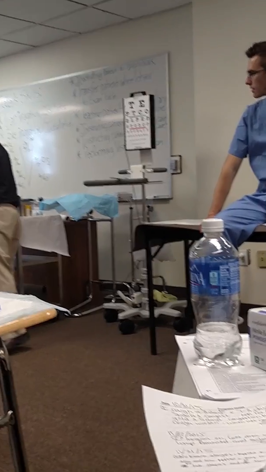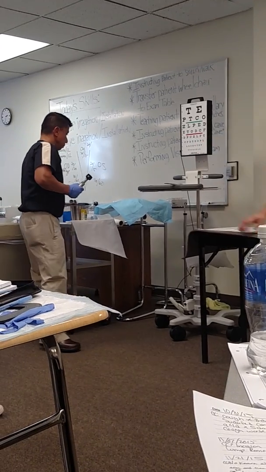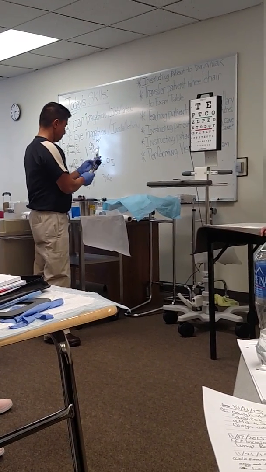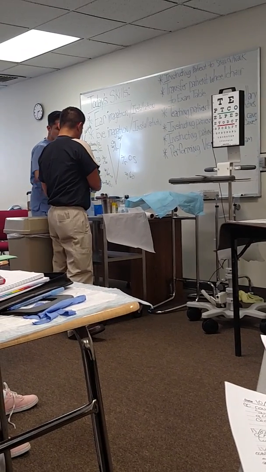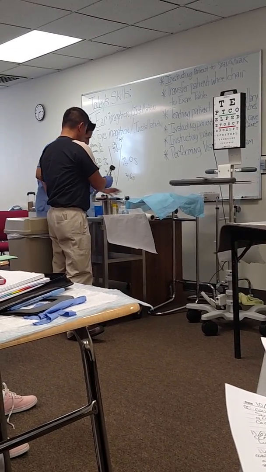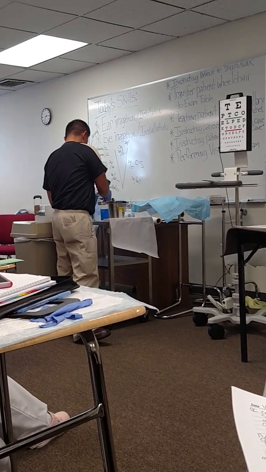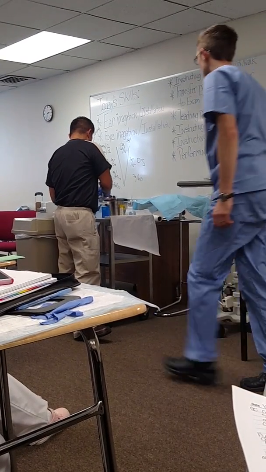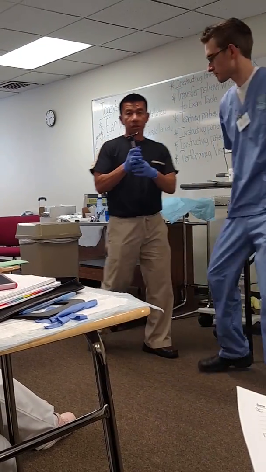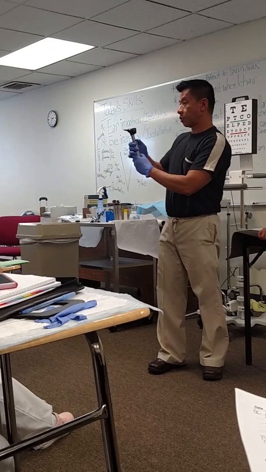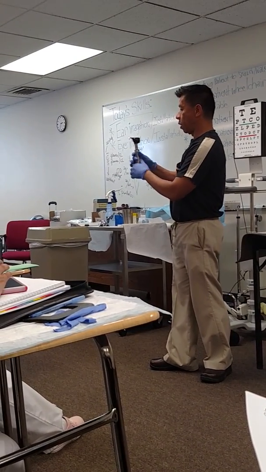This is the otoscope. That's the adult side. Where's the adult side? That's it. Now, to open this, just turn the switch toward you and away from you.